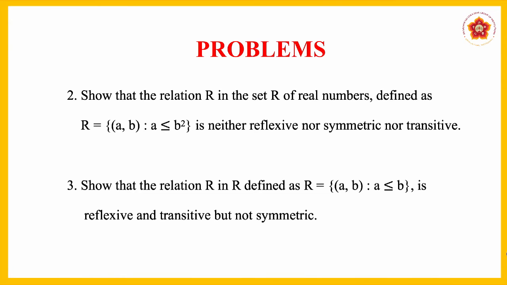What he says, show that the relation R in R, relation in the set of real numbers defined as R equal to (A, B) such that A is less than or equal to B, not B square, is reflexive and transitive but not symmetric.